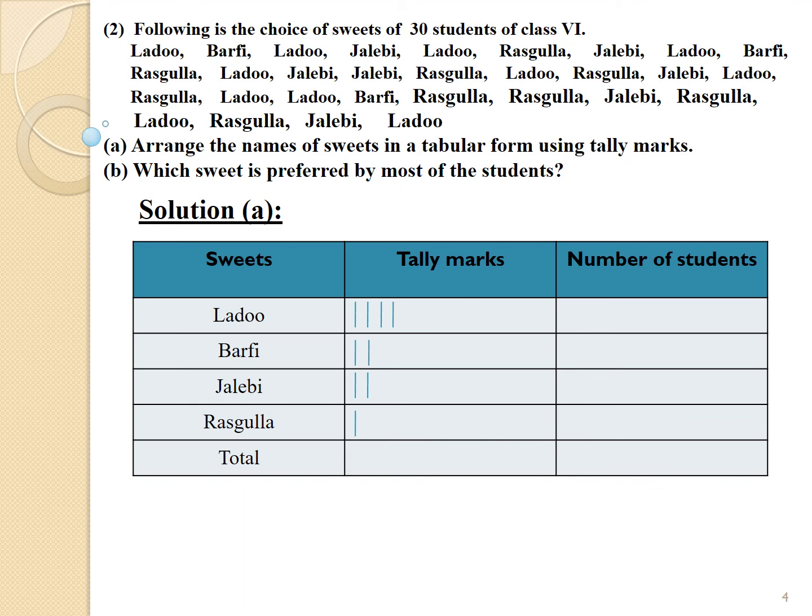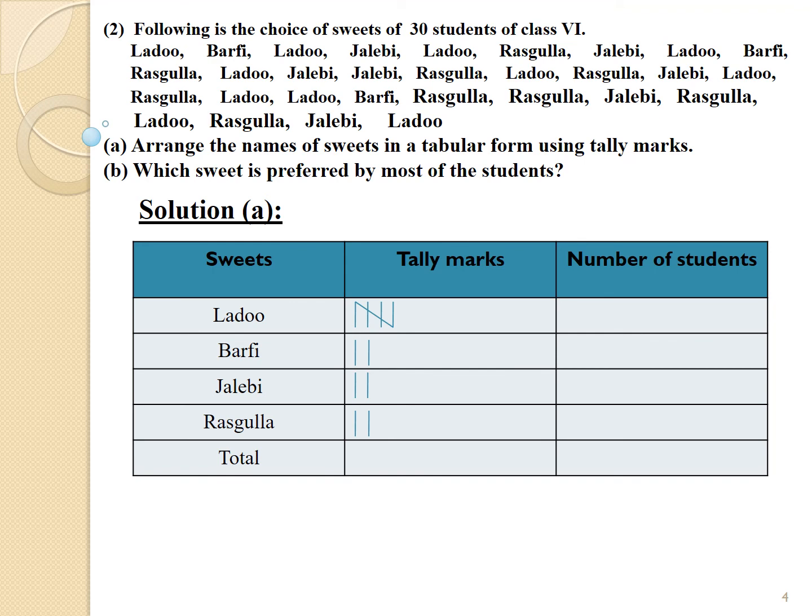So in front of rasgulla in the second column you have to draw a tally mark. Then laddu is given. So in front of laddu in the second column you have to draw a tally mark by crossing the 4 previous tally marks. As you know, for the 5th tally mark you have to cross the previous 4 marks.